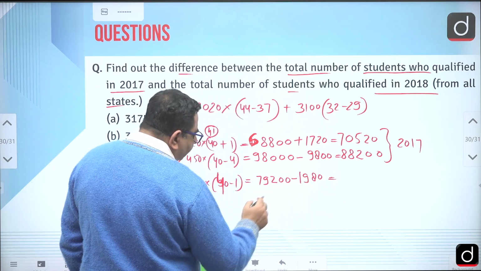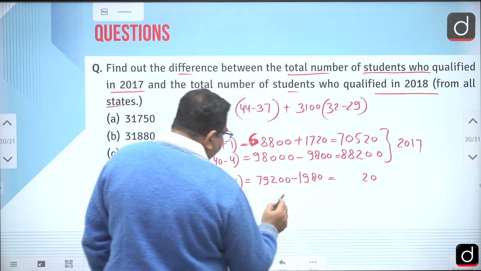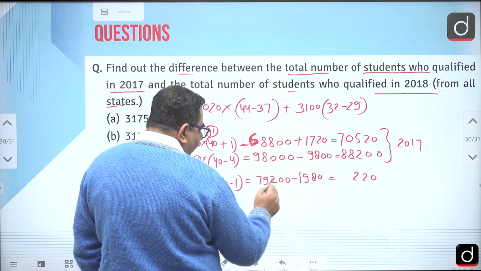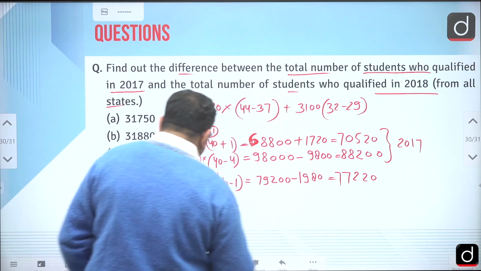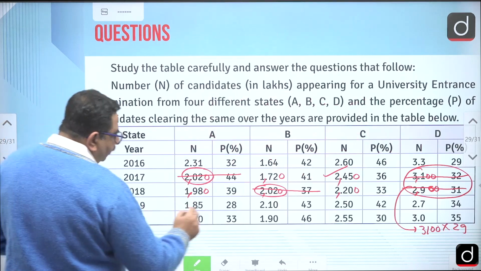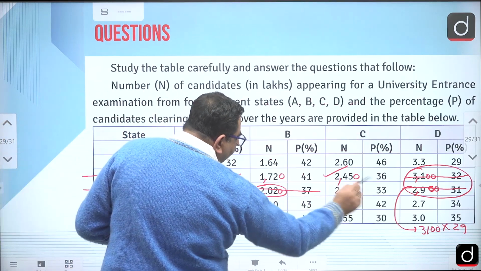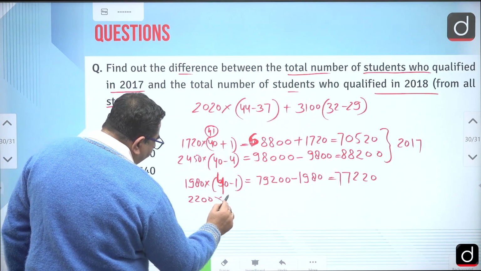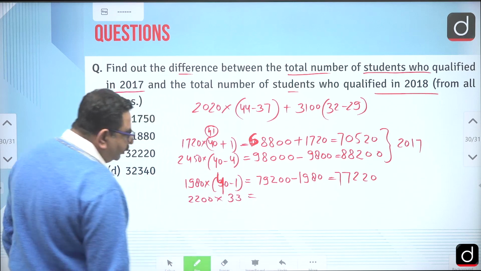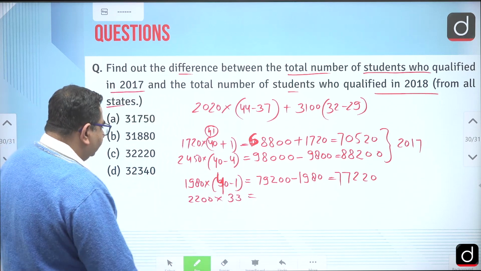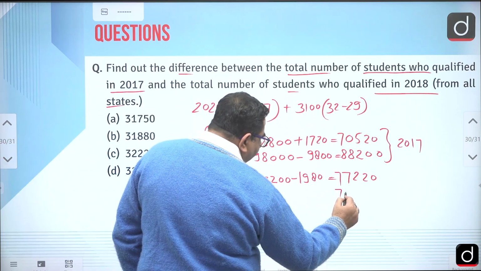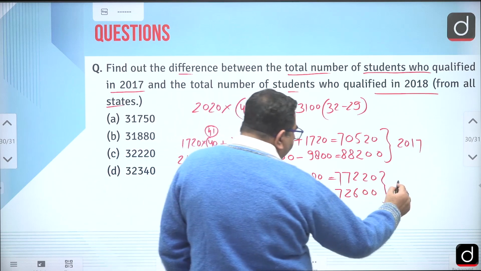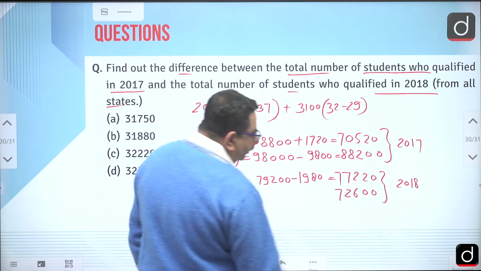So we can write the data, this is 20, right, then 11 minus 9 is 2, 8 minus 1 is 7, this is this, and then this is done, 2200 into 33. Now this data we have calculated at so many places, right. This is what, 72600, right. This is for 2018, right.